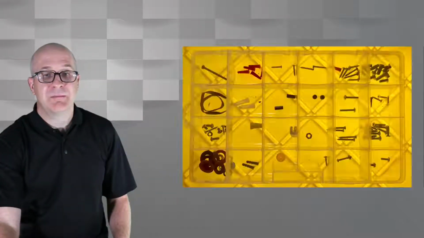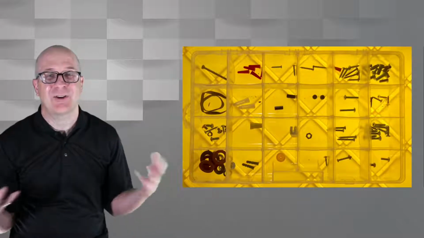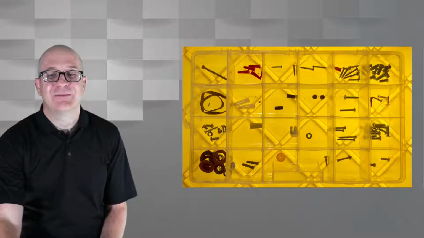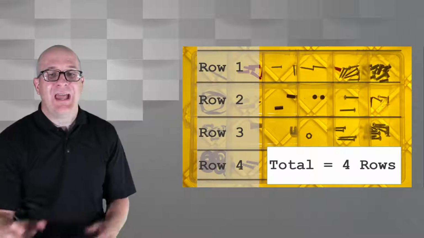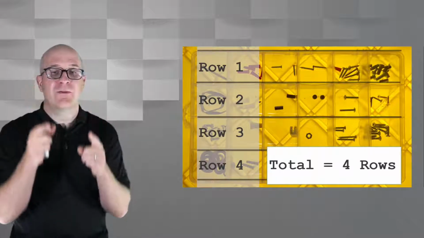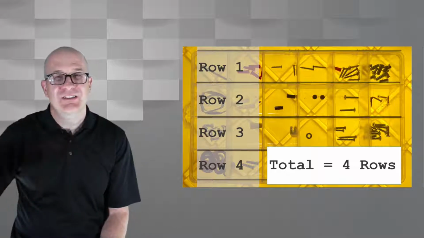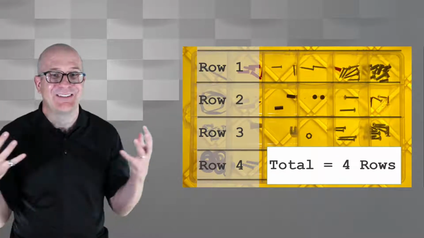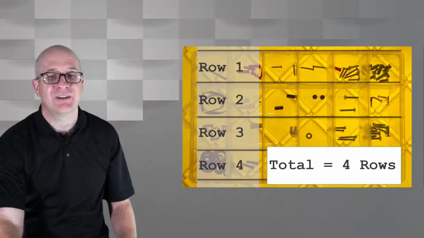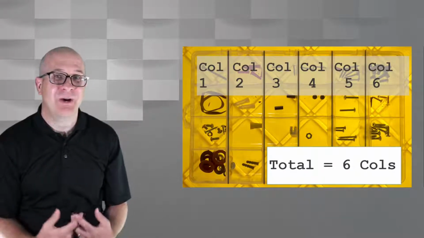So the matrix example here is this hardware box, and now you can see the actual hardware inside. The number of rows in this hardware box is 4. The rows are the horizontal rows, just like on a spreadsheet. There's a total of 6 columns in this box.